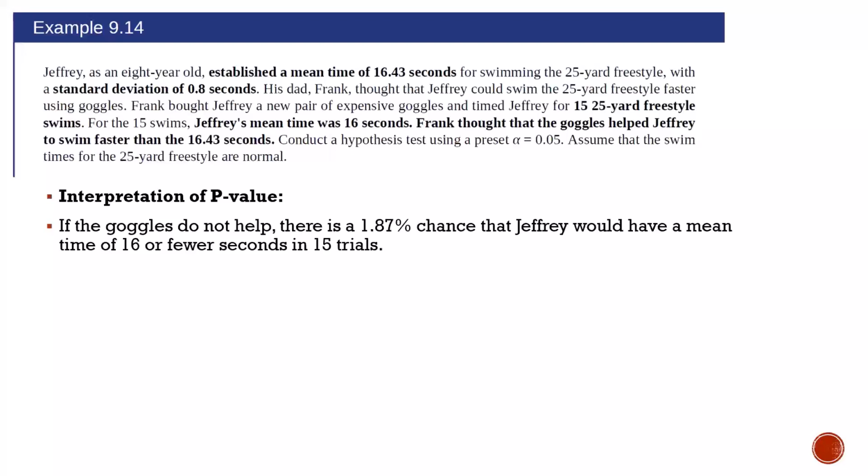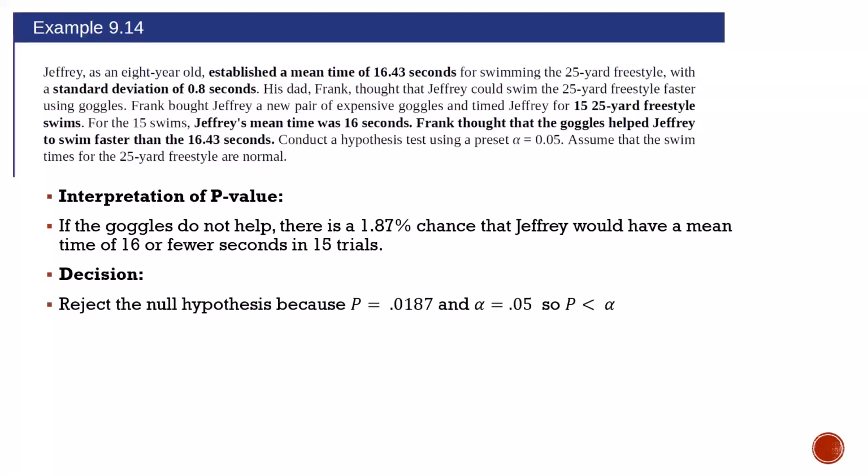So a small percentage means you reject the null hypothesis because you found a sample following whatever is unlikely. So in this case, your decision is to reject the null hypothesis.